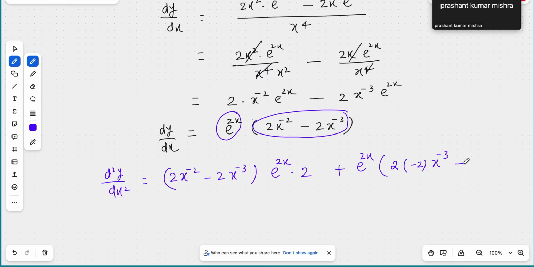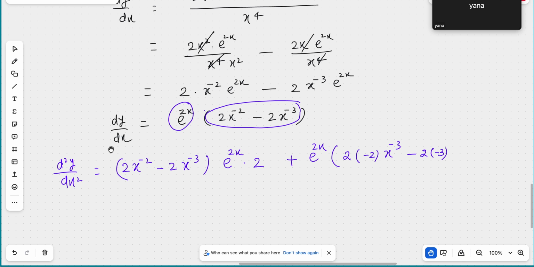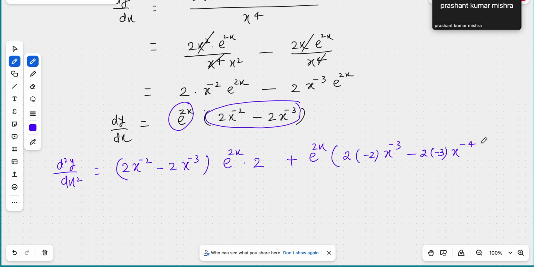Now similarly, this minus 2 will be there. This is again n, and it will be x raised to the power n minus 1, so this will be minus 4. If we simplify it, this is going to be this 2 and this 2 and this 2, so that will be 4. Got it?